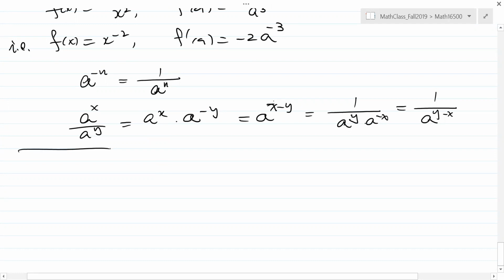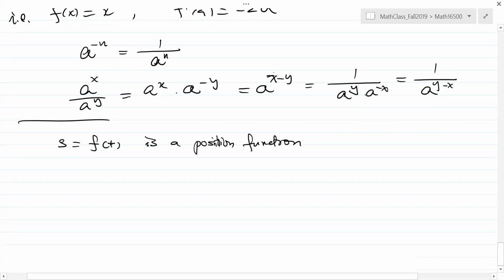All right, now, if s is a position function of a moving object, okay, that means here's a coordinate line.